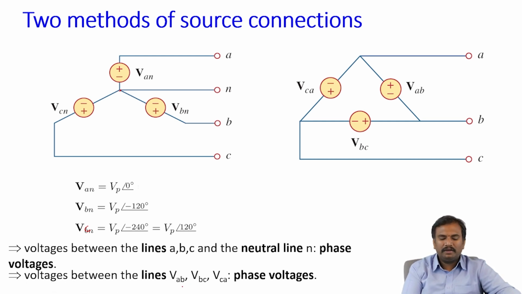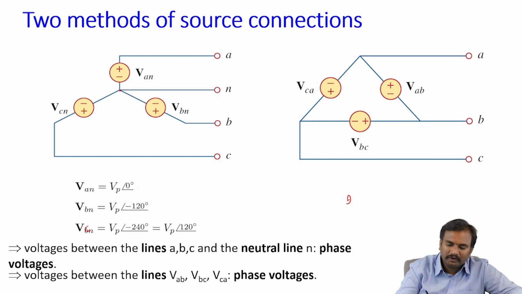The voltages between AB, BC and CA, between the lines, are called the line voltages, and in star connection, the line voltage and phase voltage are different.